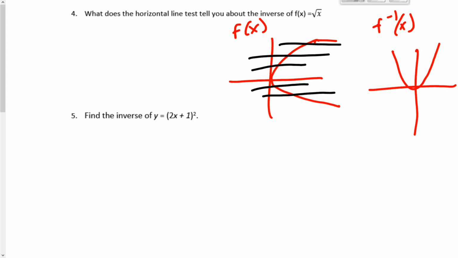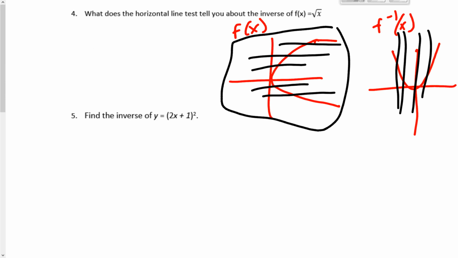Right? It looks like it is the squared. And I wouldn't do the horizontal line test because I have to do the inverse. The inverse would basically just be turning this one on its side, and instead of the horizontal line test, it would become the vertical line test. And what does the vertical line test tell us about an expression or an equation? It tells us if it's a function or not. So what does the vertical line test on this tell us about this inverse?